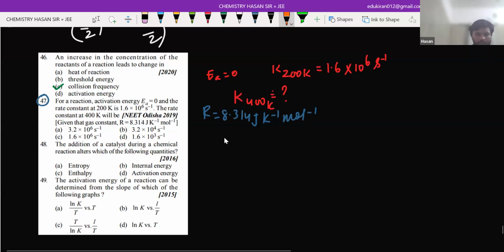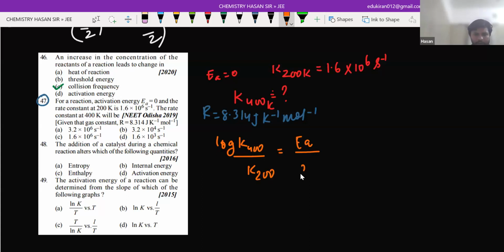So we use the modified form of the Arrhenius equation: log K 400 upon K 200 is equal to EA upon 2.303 R into T2 minus T1 upon T1 T2. Very simple.